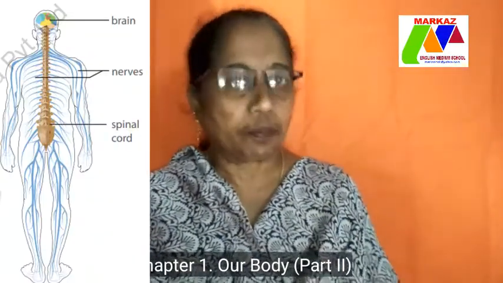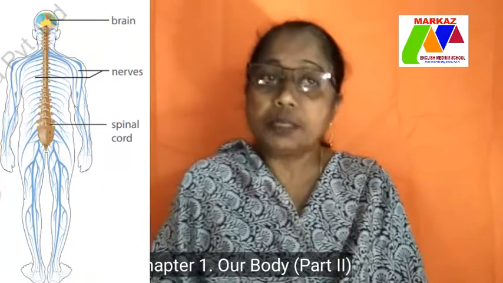Corresponding to my head, where my brain is inside, you will also have the brain inside. And here you have the spinal cord protected by this rib cage, and then the nerves that start from the brain moving to all the different parts of your body.